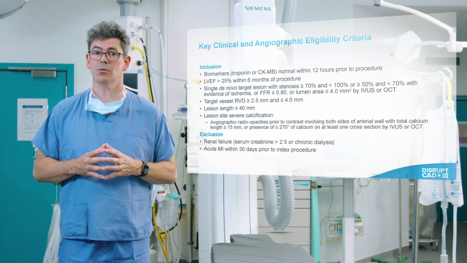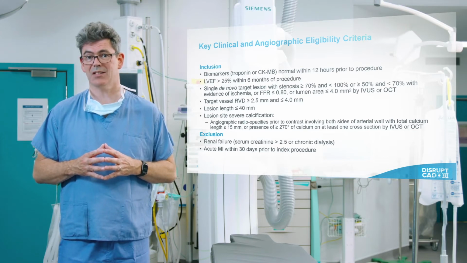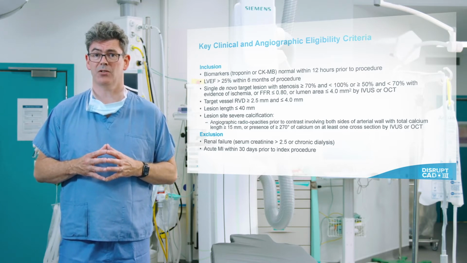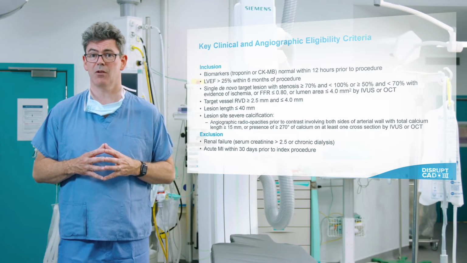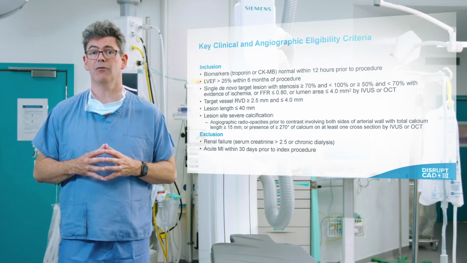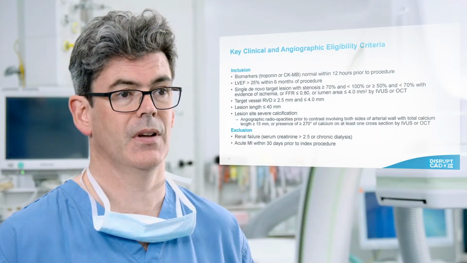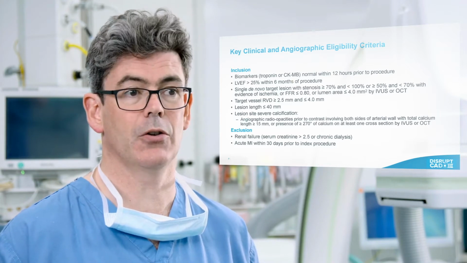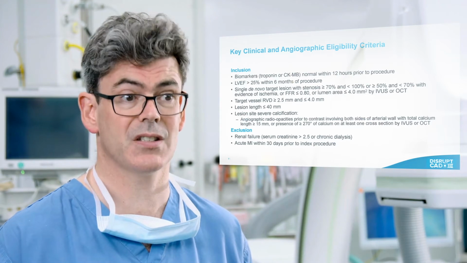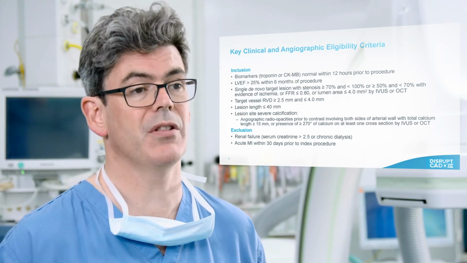If the stenosis was at least 50% but less than 70%, there had to be objective evidence of myocardial ischemia or an FFR measurement of less than or equal to 0.8 or a lumen area of less than or equal to 4 millimeters squared by intravascular imaging. The exclusion criteria included renal failure, defined as creatinine greater than 2.5 or dialysis, and myocardial infarction within 30 days.